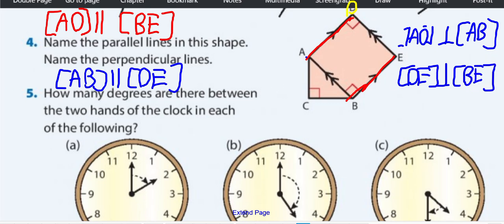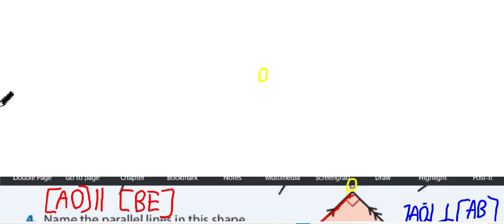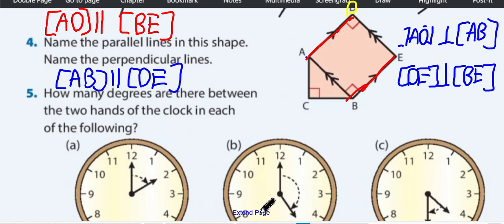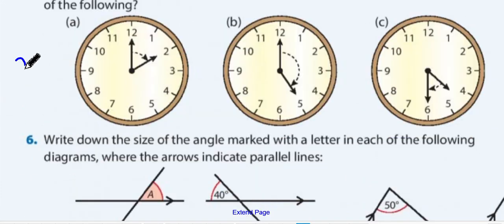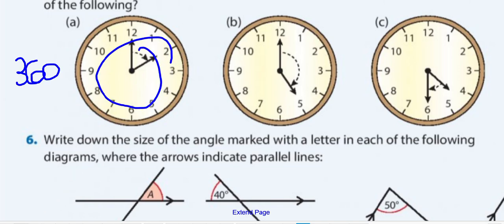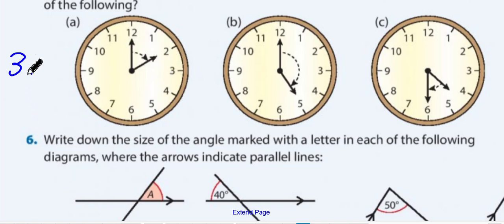Now, how much angle in a full circle? 360. So 360 is a full rotation of a clock. And there's 12 hours, right? So 360 divided by 12? 30. Each hour is 30 degrees.